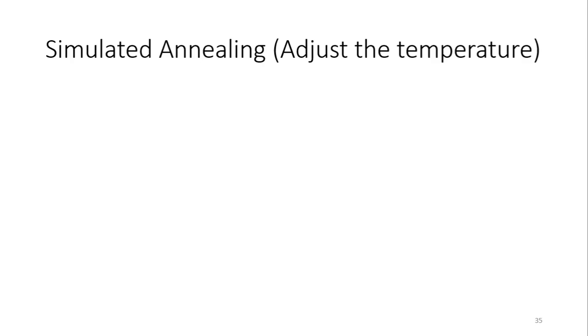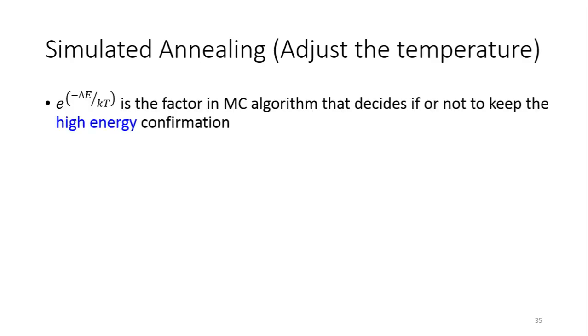To understand this, let us go back to our Monte Carlo algorithm, where we proposed the term e raised to minus delta E by kT. This term is the factor in the Monte Carlo algorithm that decides whether or not to keep the high energy conformation.